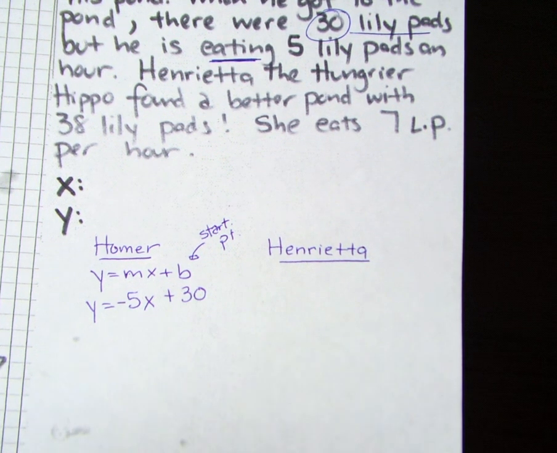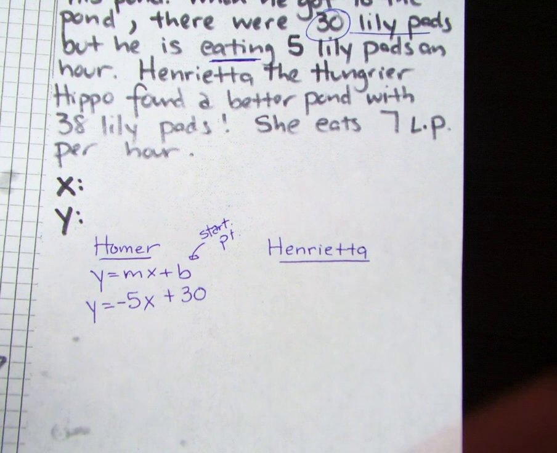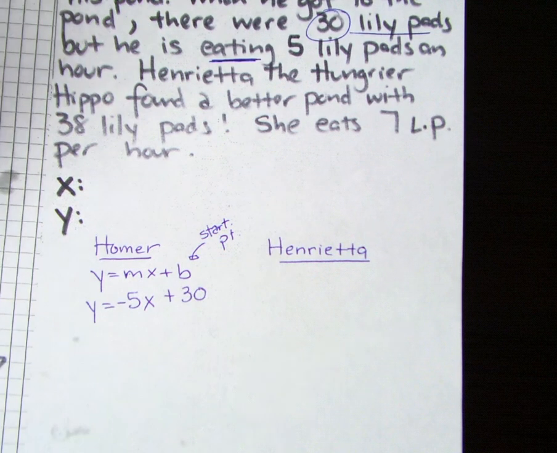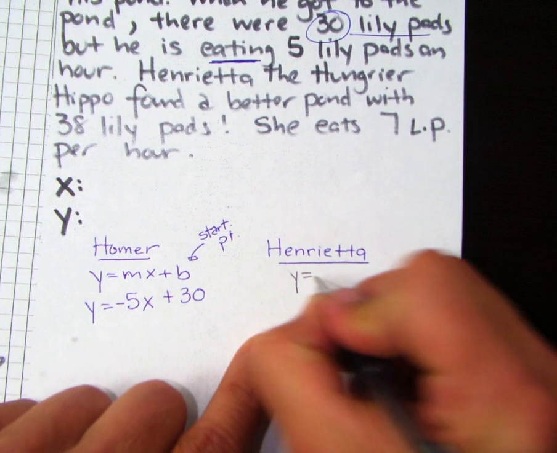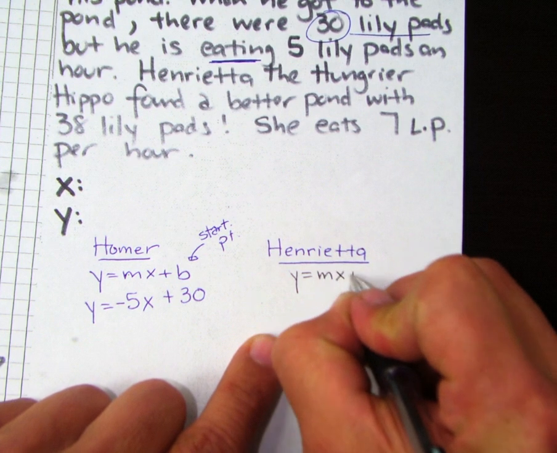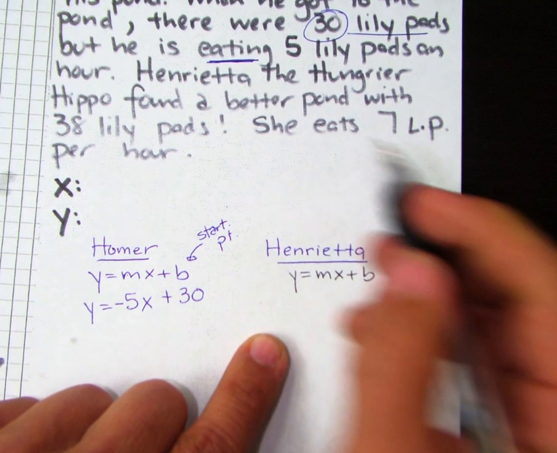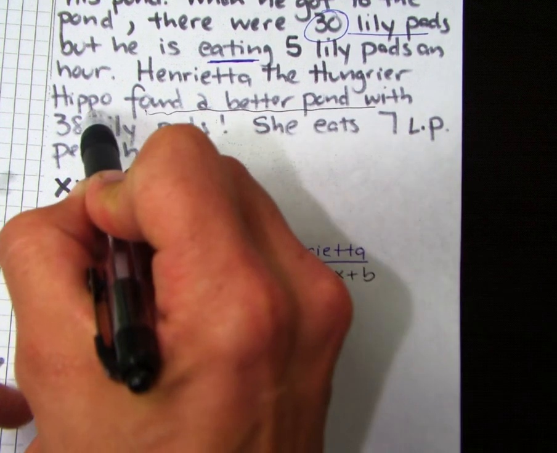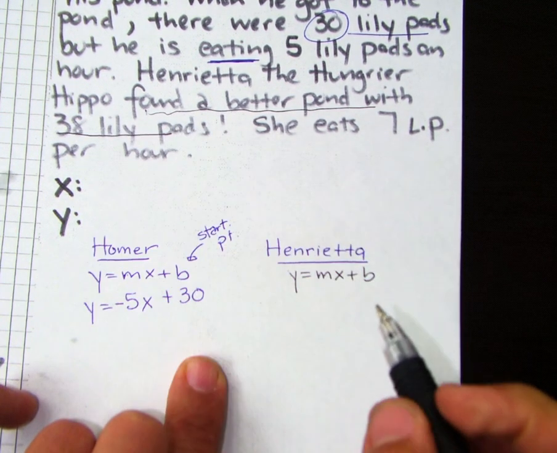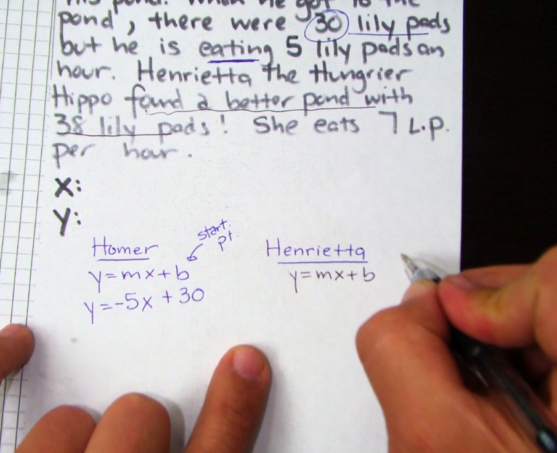Well, let me see. I'm hungrier than Homer. No, you're not. Yes, I am. Okay, well, go ahead. Do the equation. Okay. I'm going to go ahead and write y equals mx plus b. And it says that I found a better pond, but it had 38 lily pads. That's my starting point.